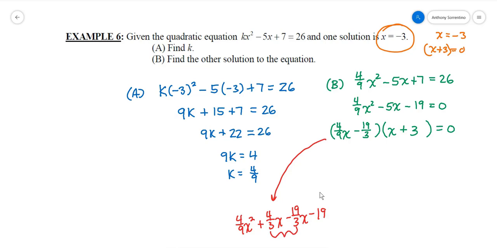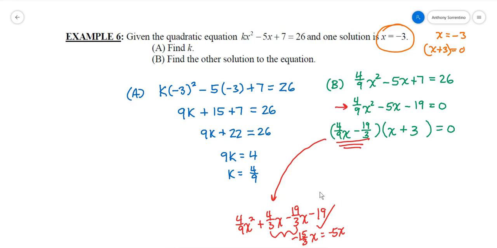These two combine together and give me a negative 15/3 x, and 15 over 3 is 5, so that is a minus 5x there. So I did confirm that if I FOIL that out, I do get the equation that I had in this previous step. That's great. This means that this is my other factor.